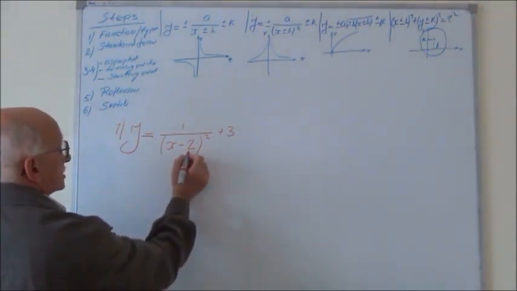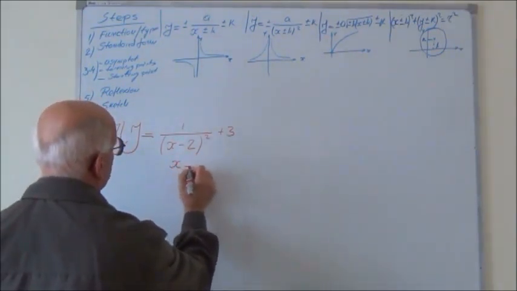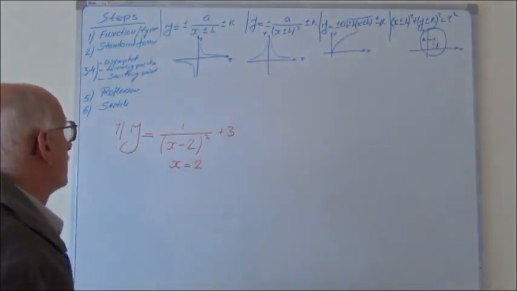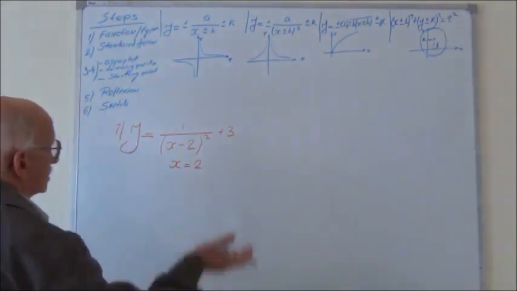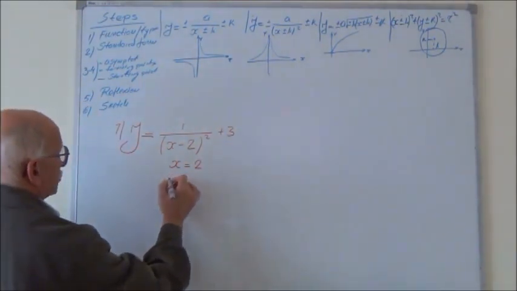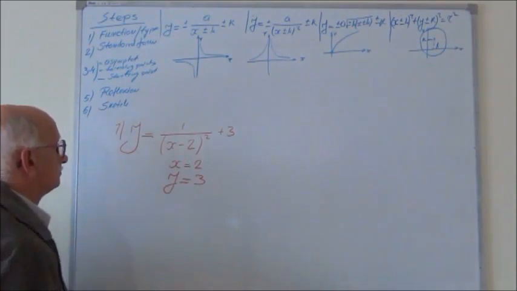This is a horizontal translation, 2 units to the right, and the equation of the vertical asymptote then will be x equals 2. The vertical translation, 3 units up, and the horizontal asymptote will be y equals 3.